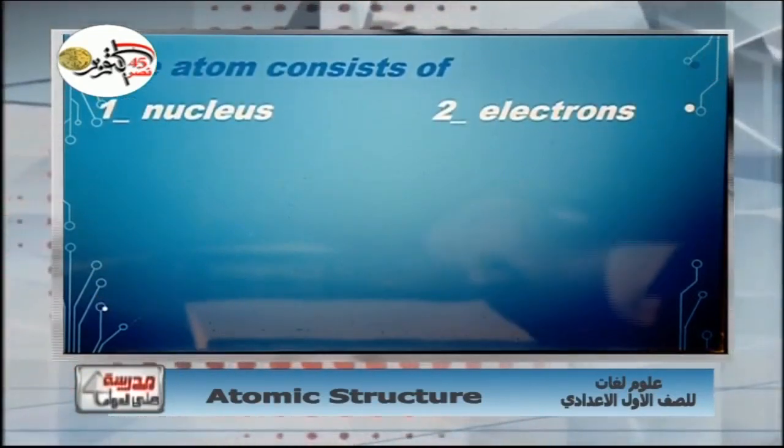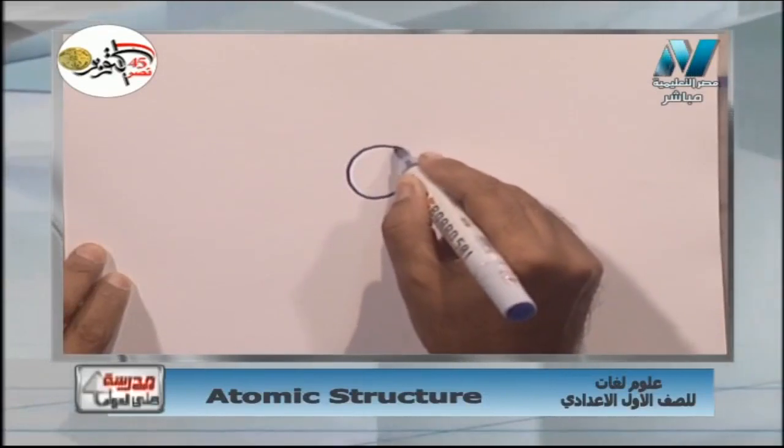But the atom consists of what? Of a nucleus and energy levels, or a nucleus and electrons. Now, what's meant by nucleus? As you see, my dear student, on this paper, this is the nucleus.